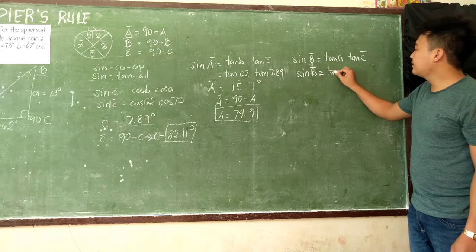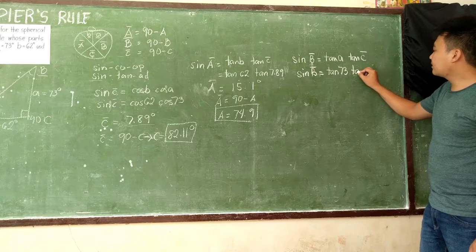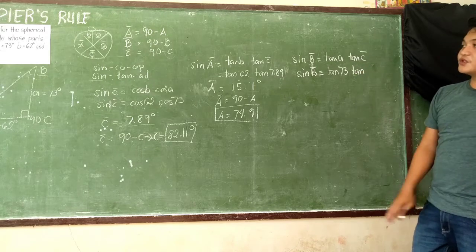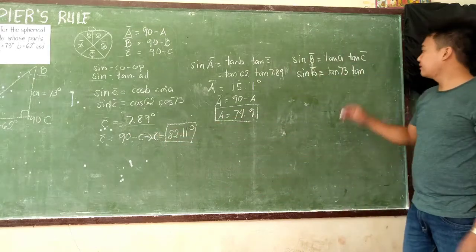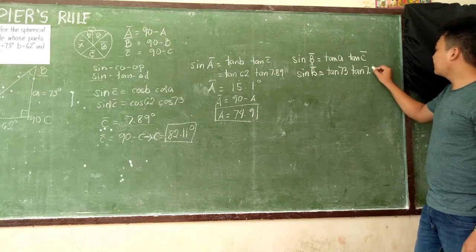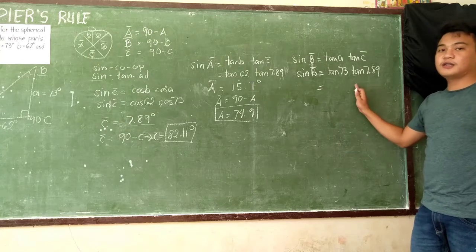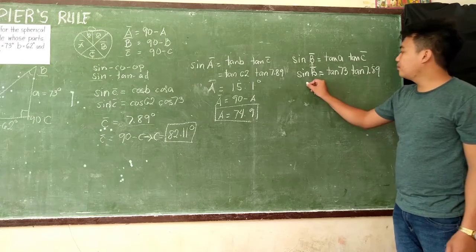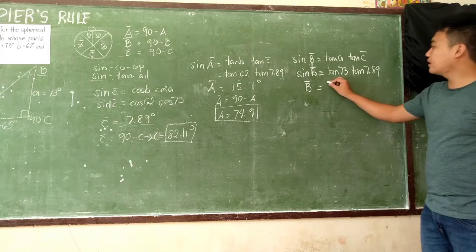So tan 73, then tan, the value of C bar is 7.89. Then simplify. So B bar is equal to 26.95.